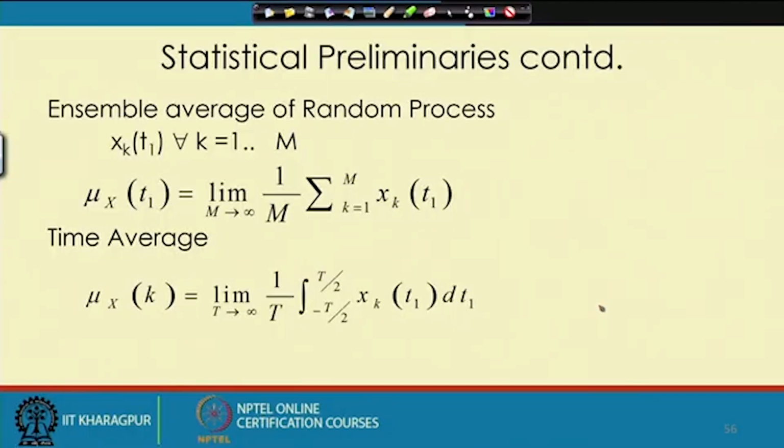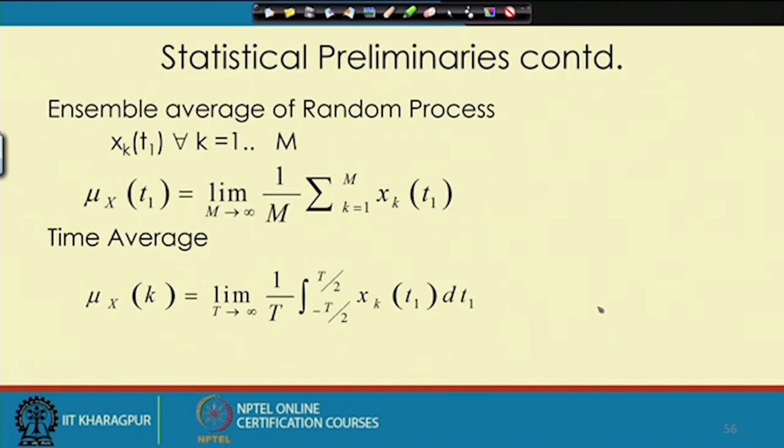Now, in this case we are doing the operation at an instant. So, the averaging is not done over the time. So, where is this averaging done? It is done on the space of the random field.